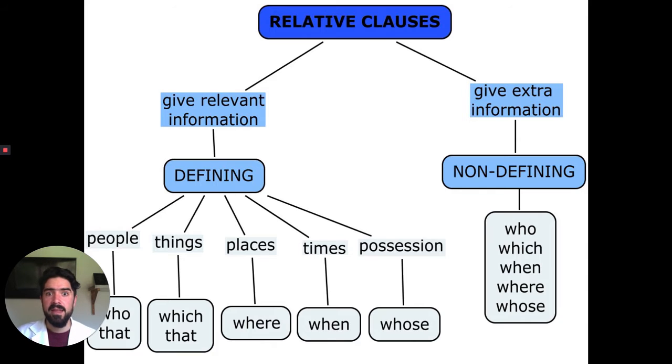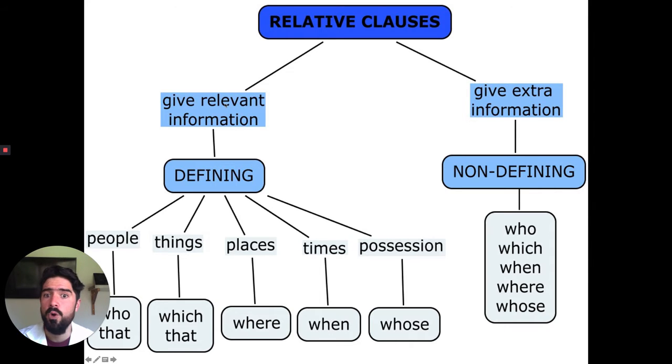So, when we are talking about relative clauses, we have two different kinds of relative clauses. The defining and non-defining relative clauses. Okay, so with the defining relative clauses, I give relevant information. And with the non-defining, I give extra information, okay?